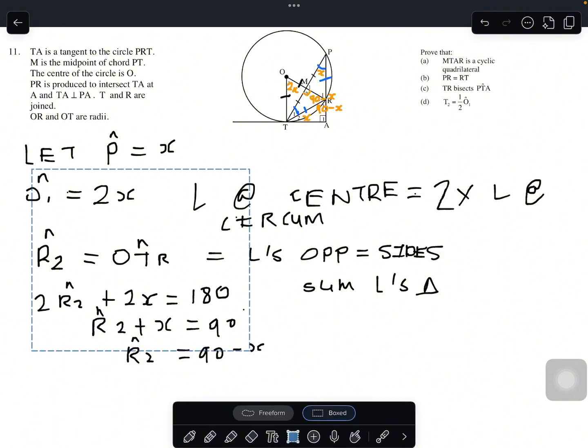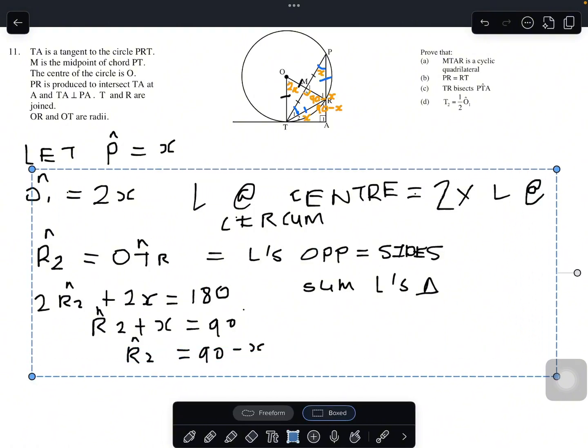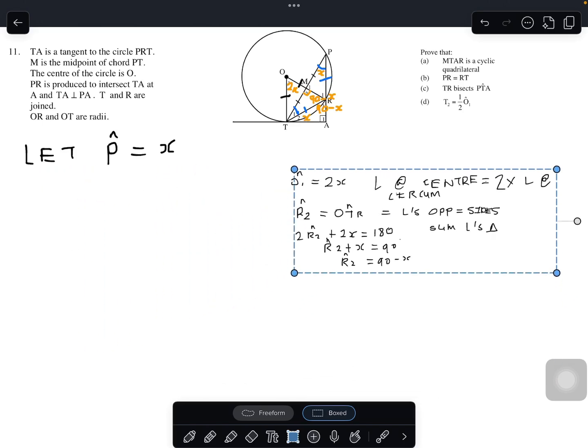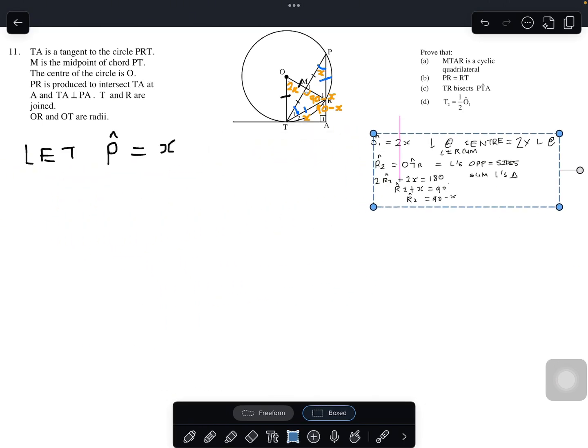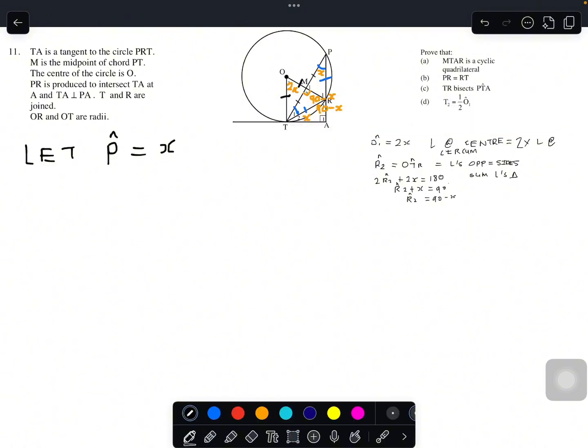Let's just make all of this a bit smaller. So now that we have this, we know all of those values, we can then say that T2 equals x, and the reason for that is tan quad.